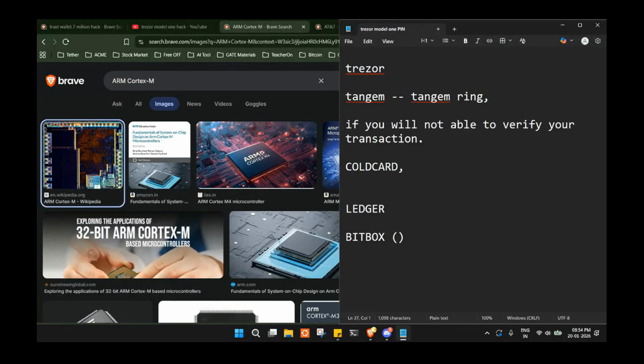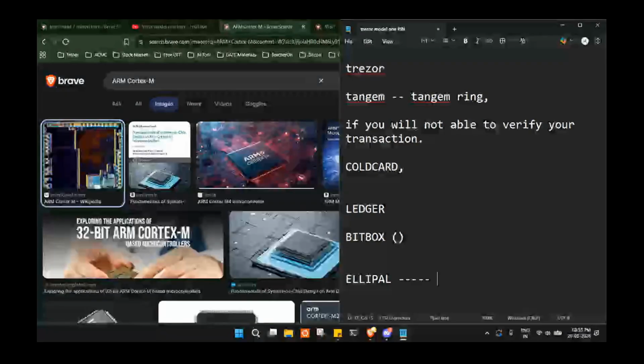Okay, Elipal. This is also one company, but I will not recommend it. Why? Because even if you have purchased the wallet, what will happen? They were using the same app for the hot wallet and the cold wallet. And by default, the setup is for a hot wallet. So even if you are using a hardware wallet from Elipal, it was working as a hot wallet.